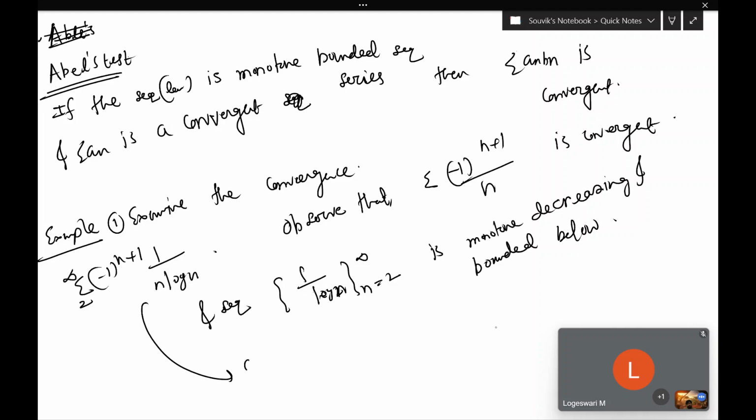So by Abel's test, this is convergent. By Abel's test. Okay.